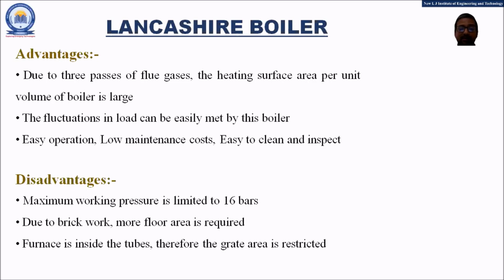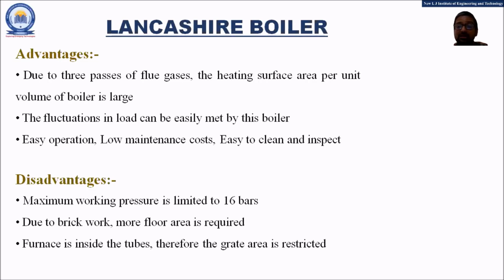Some of the disadvantages include: maximum working pressure is limited to 6 bar, considering the mechanical design limitations. Due to the supporting brickwork which is provided, more area is required.